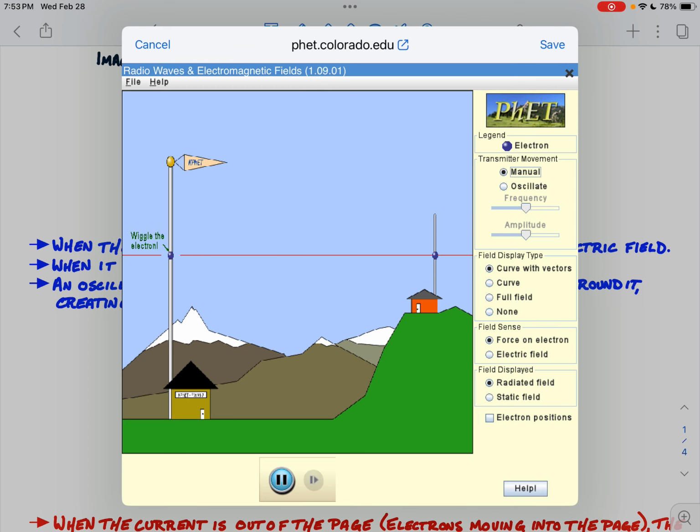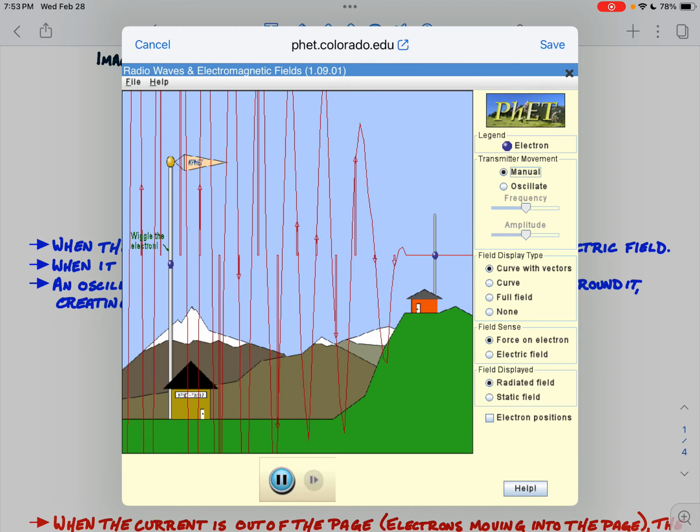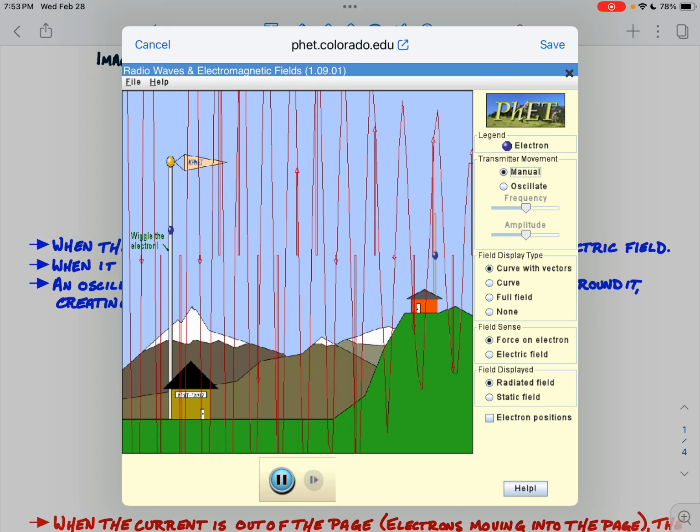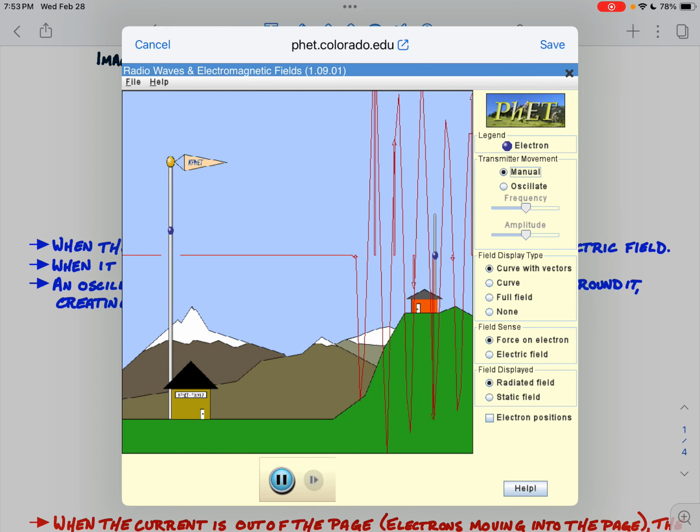If I take this electron in this metal pole and wiggle it up and down, I create a wave. But guess what that oscillating electric field does to the electrons over on the red house, which is a long distance away?